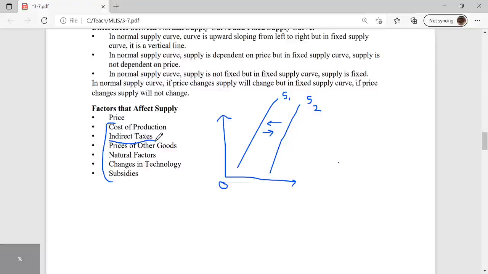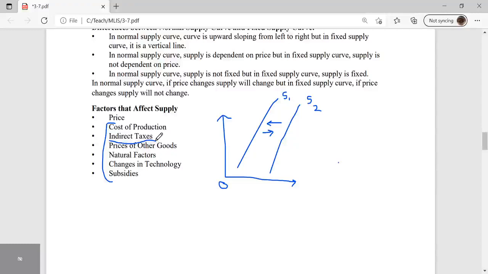The cost will increase, right? Because the additional indirect tax will increase the cost of production. Now you have to pay more when you're buying raw materials, so it will again reduce your profit, and it will be demotivating for the supplier, and they will reduce the supply. So the supply curve will shift to the left, right?